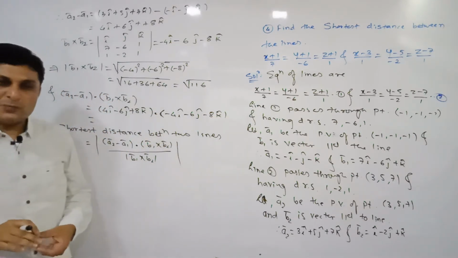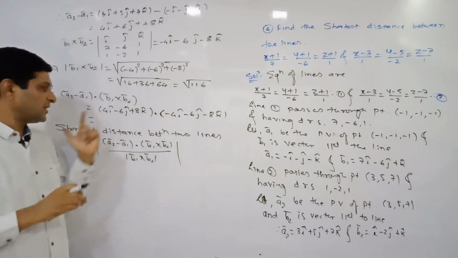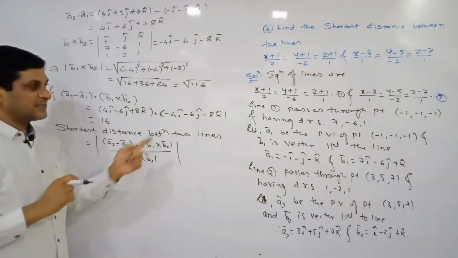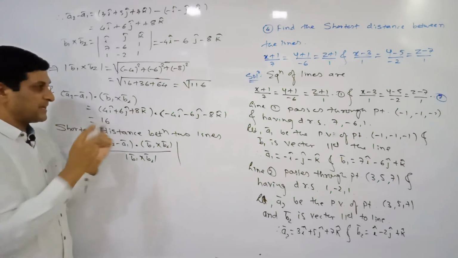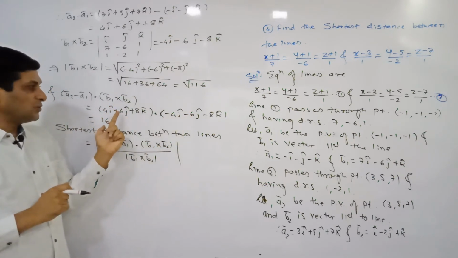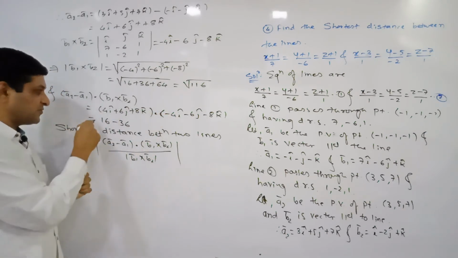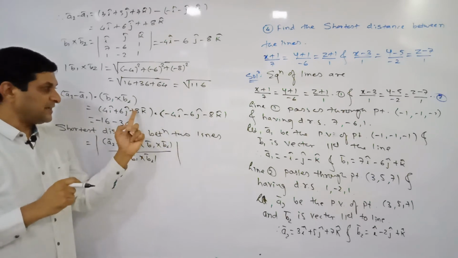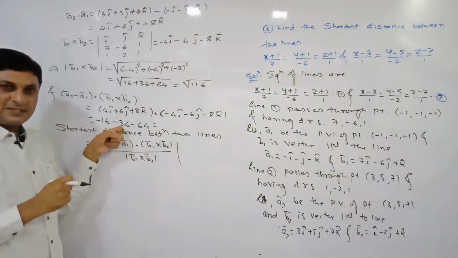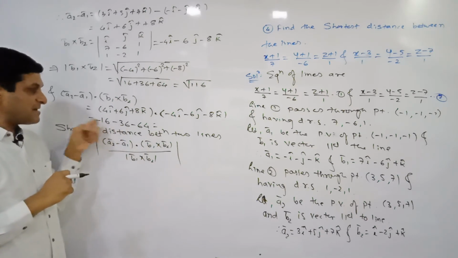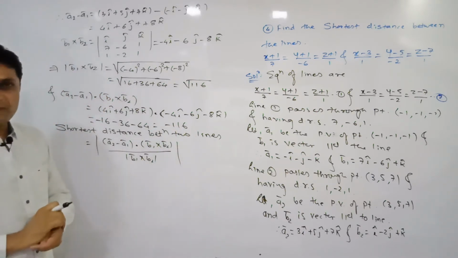Whenever we are finding a dot product, first take the product of the coefficients of i cap. What is this product? Minus 4 into plus 4 is minus 16. Then take the product of the coefficients of j cap. Here plus 6 is there, minus 6 into plus 6 will be minus 36. Then minus 8 into plus 8 will be minus 64. So minus 64 minus 36 is minus 100, and minus 100 and minus 16 will be minus 116. Okay, so now both the values are known to us.